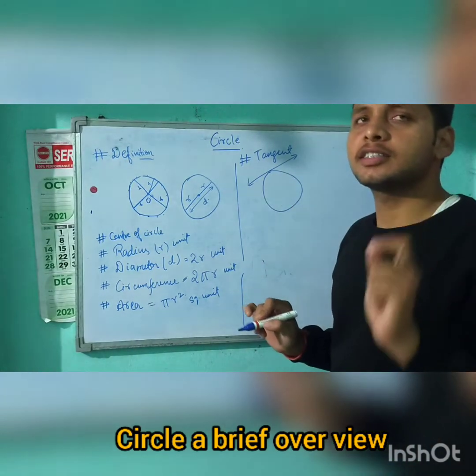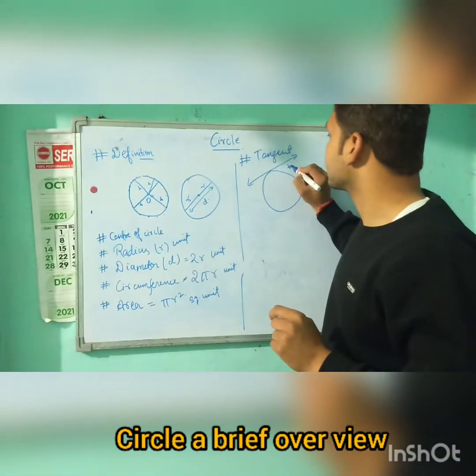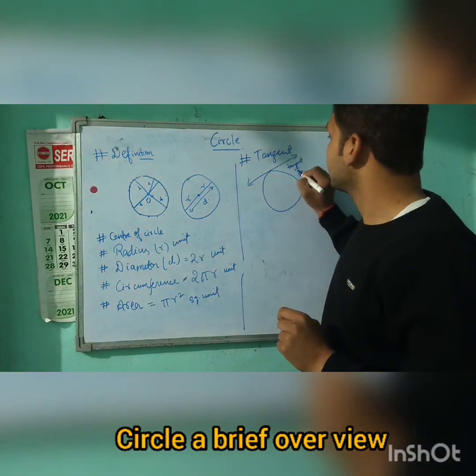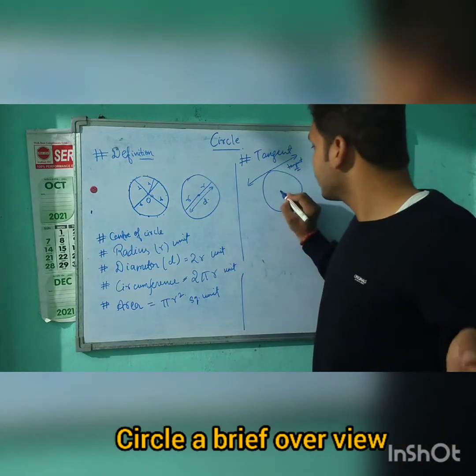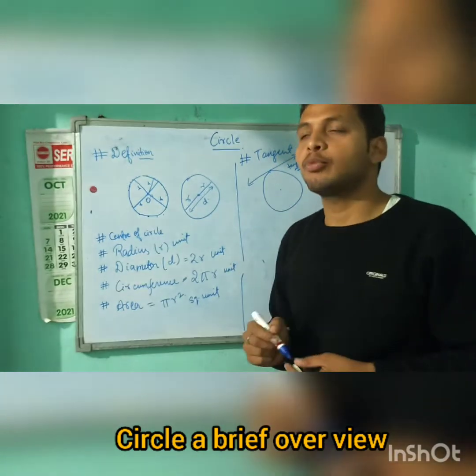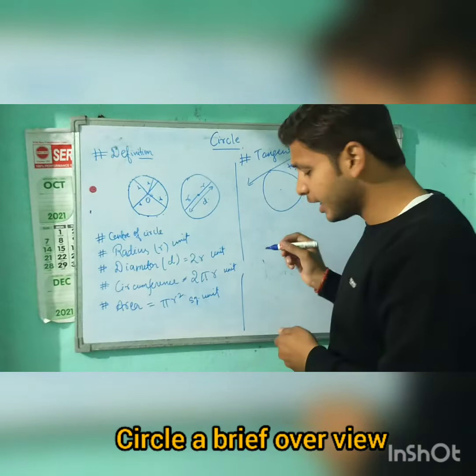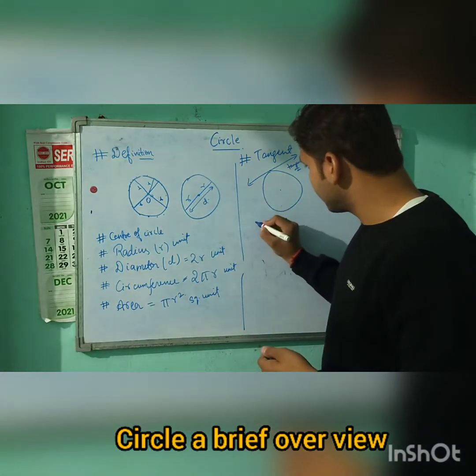Whenever a line touches a circle at only one point, it is called a tangent of the circle.